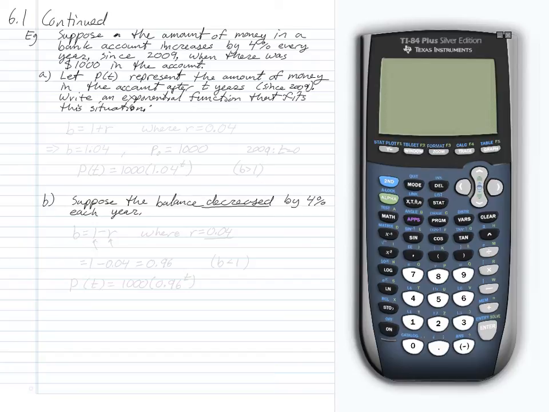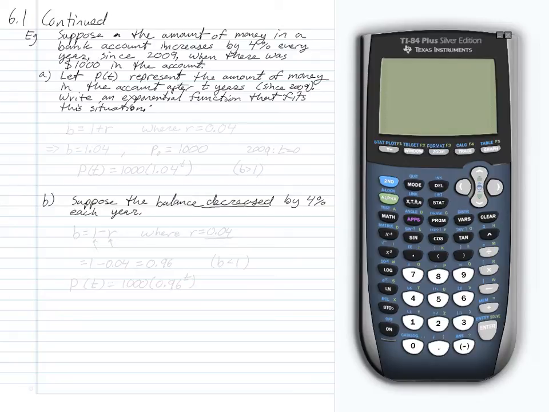So far we've seen growth and decay factors, but in the question that we are looking at, we have an amount in a bank account, and we're told that it increases by 4% every year. We're not being told the factor, we're being told a rate of increase.